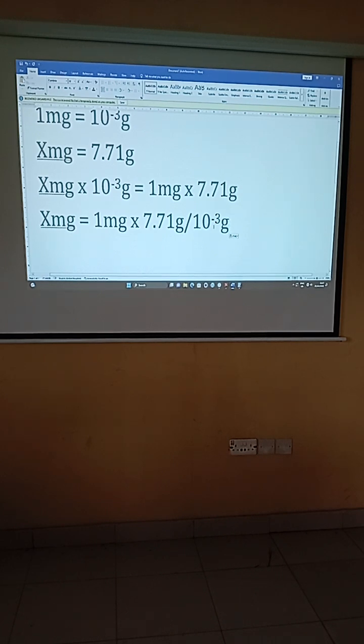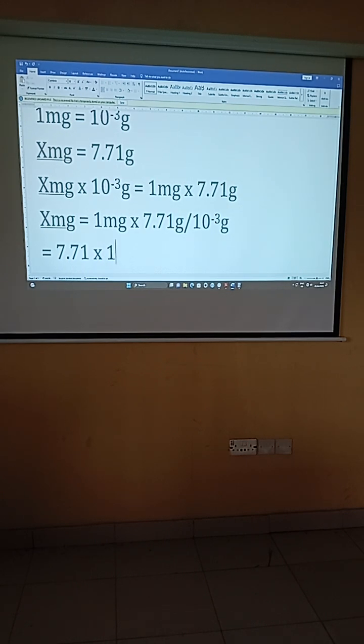So what I simply did there was to say equals 7.71 times, since this 10 to the power minus 3 is a denominator, if we take it to the numerator, it becomes 10 to the power 3.